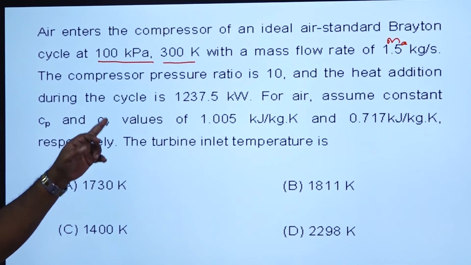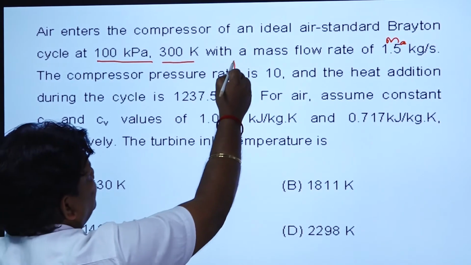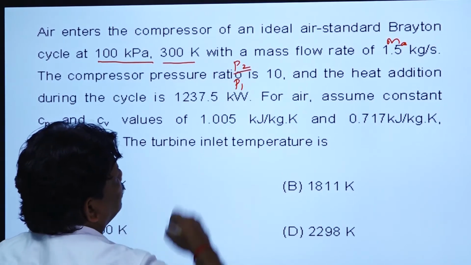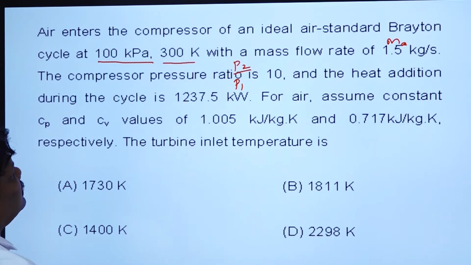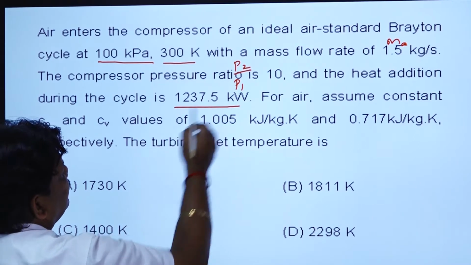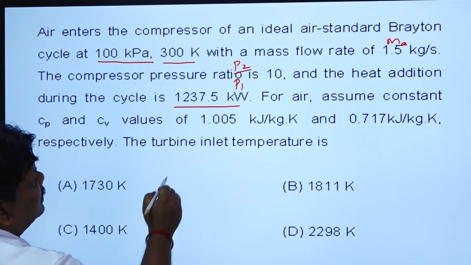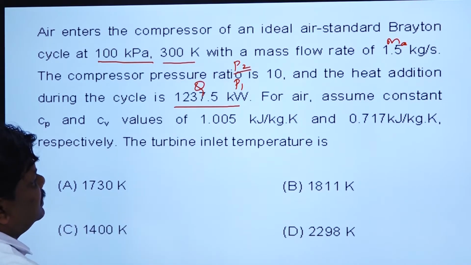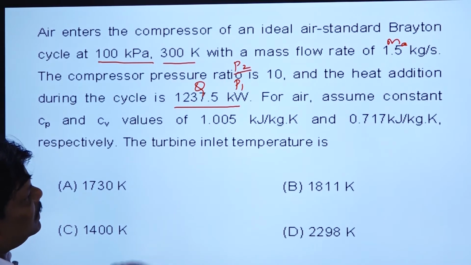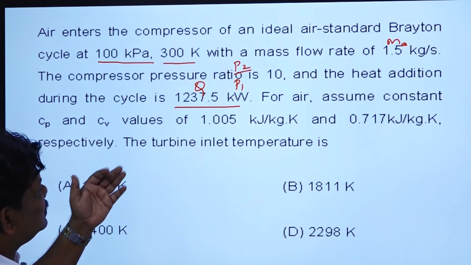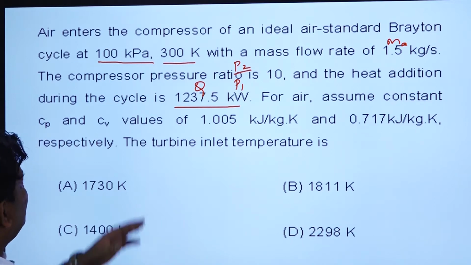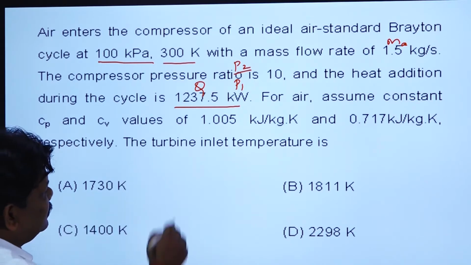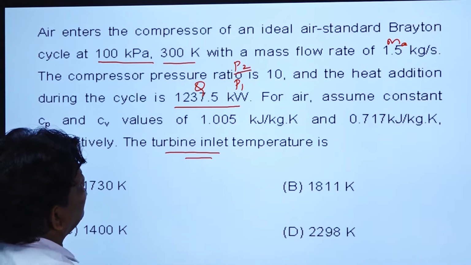The compressor pressure ratio, P2 by P1, is 10, and the heat addition during the cycle, Q, is 1237.5 kilowatt. For air, assume constant specific heat values. What is the turbine inlet temperature?